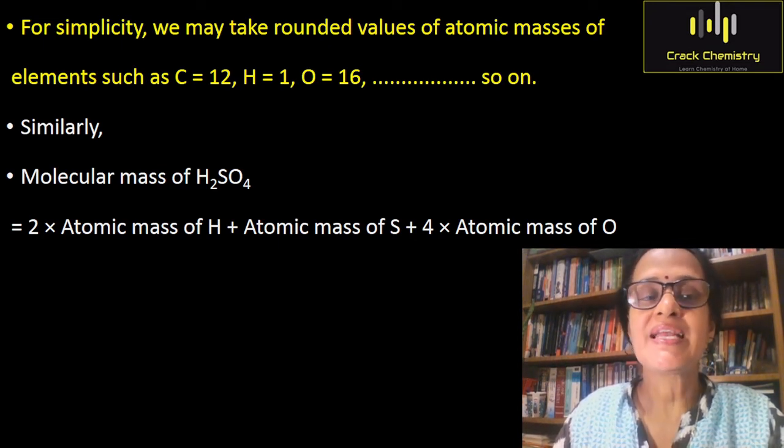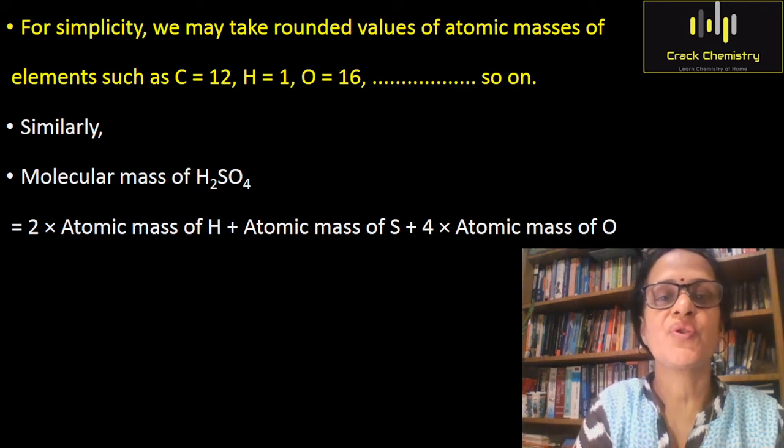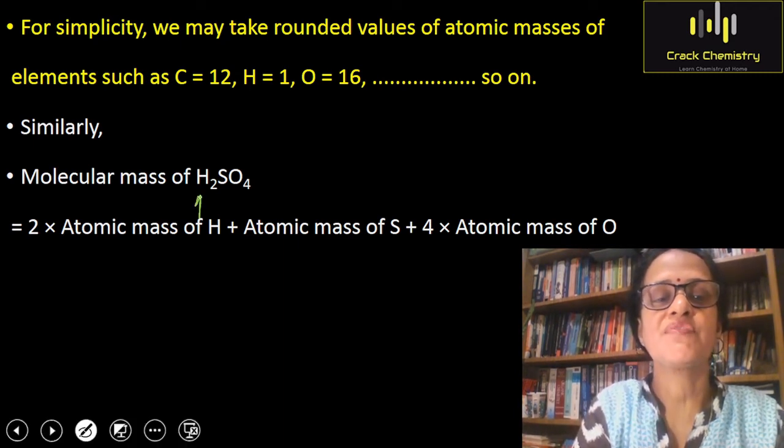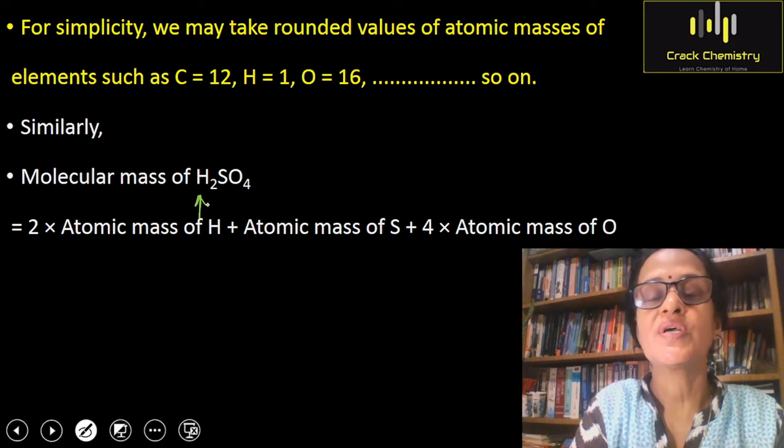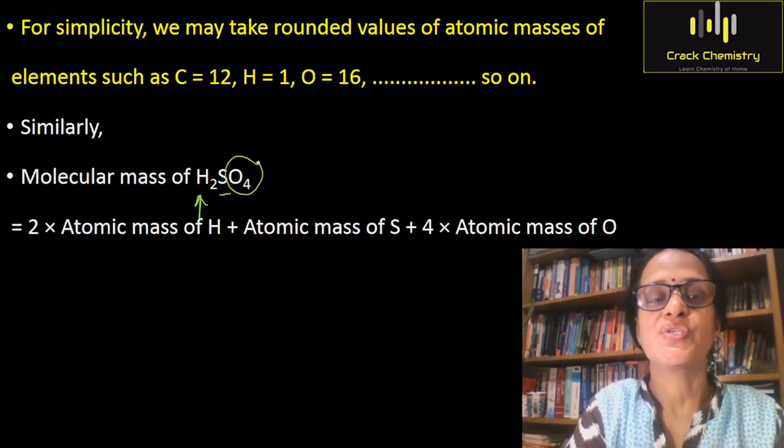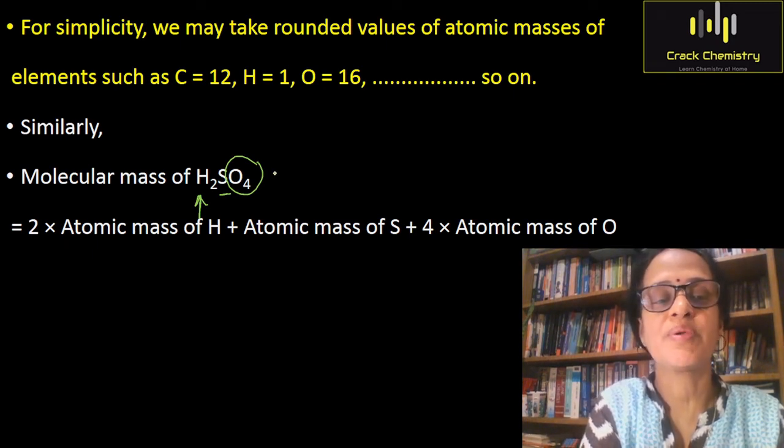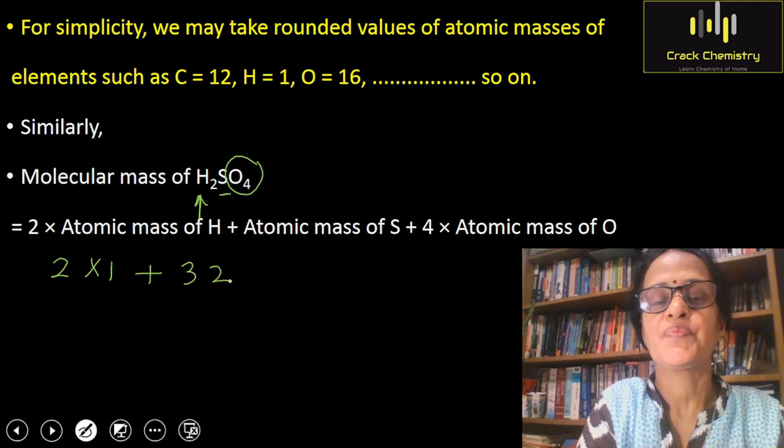Now, we will calculate the molecular mass of sulfuric acid. Children, the formula of sulfuric acid is H2SO4. A molecule of sulfuric acid consists of 2 atoms of hydrogen, 1 atom of sulfur and 4 atoms of oxygen. So we can calculate molecular mass of sulfuric acid as 2 into atomic mass of hydrogen, so 2 into 1, plus atomic mass of sulfur, which is 32, plus 4 into atomic mass of oxygen, which is 16.